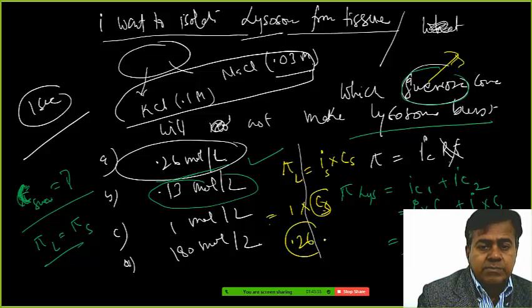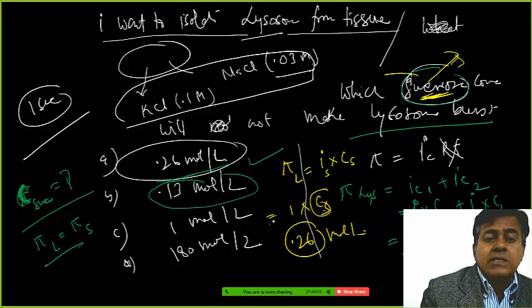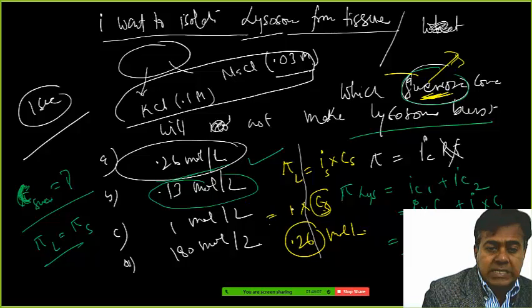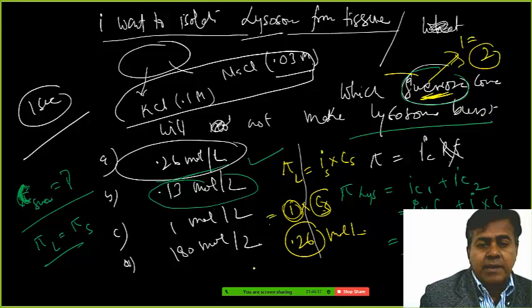And if this was a kind of ionizing solute, then this value is going to change according to the value of I. And suppose if I is equal to 2, then pi will be half.